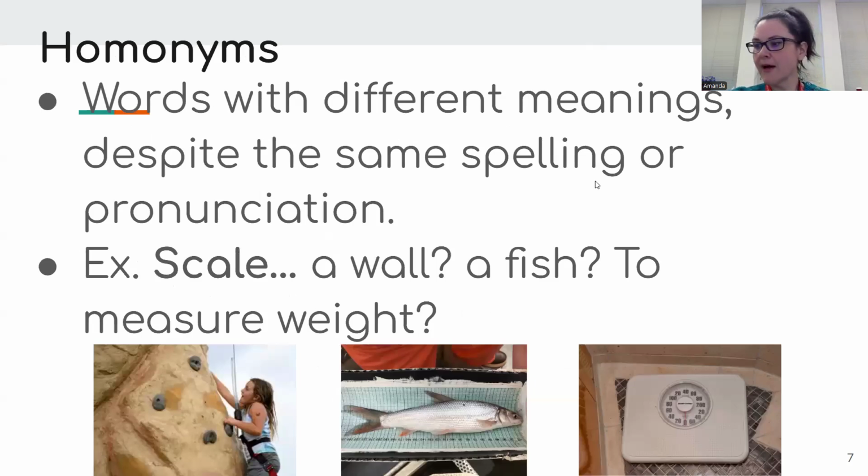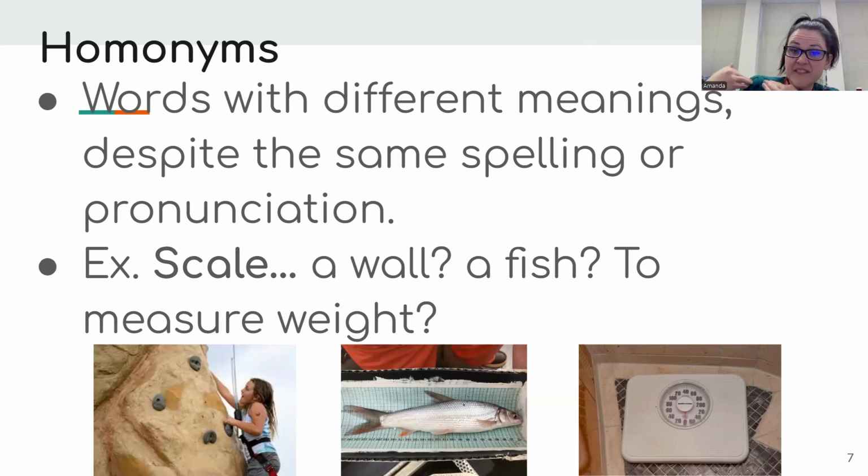So let's talk about homonyms. Homonyms are words with different meanings despite the same spelling or pronunciation. You may remember this from our reading videos. For example, we talked about the word scale. Scale a wall, you climb a wall. You can scale a fish.